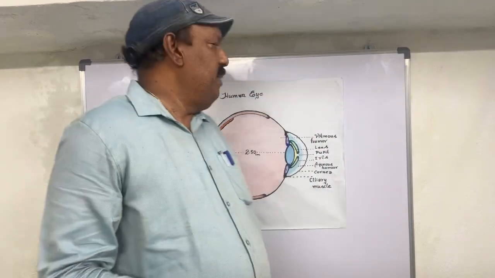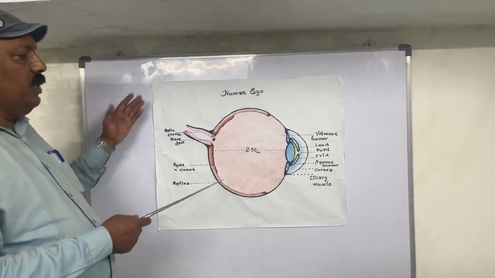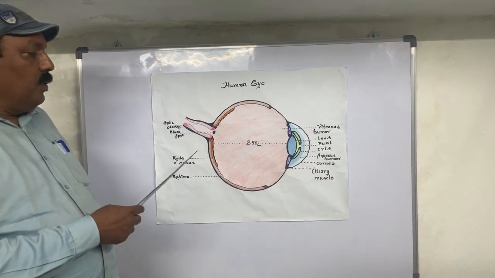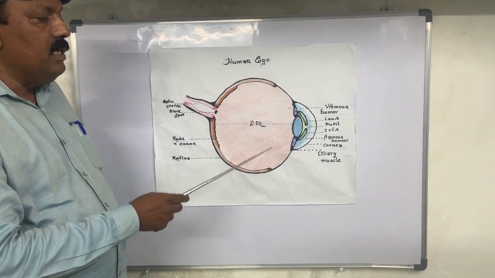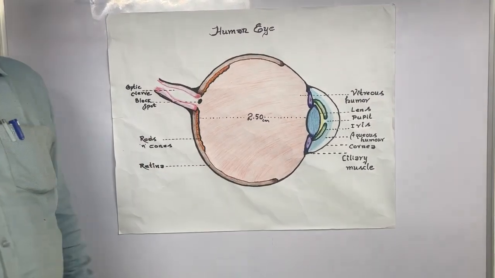So first of all I will start. Here you can see the human eye. The first part of the human eye is the cornea.